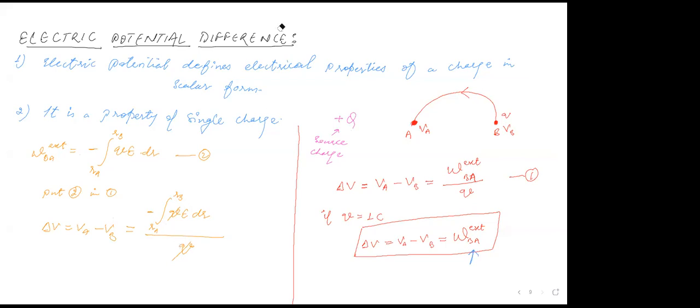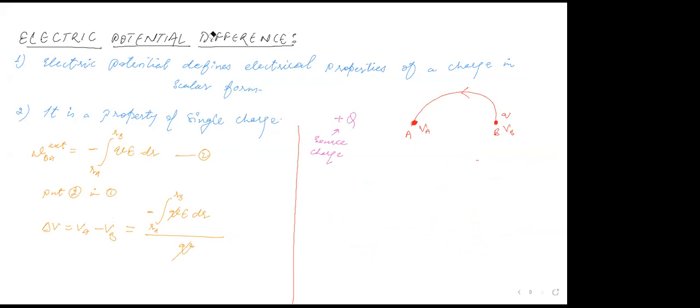And when it is cancelled, we can also write delta V is equal to VA minus VB is equal to minus the integration from RA to RB of E dot dr. Are you clear? This is your equation of electric potential difference.